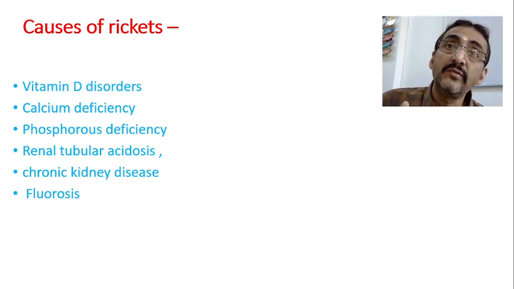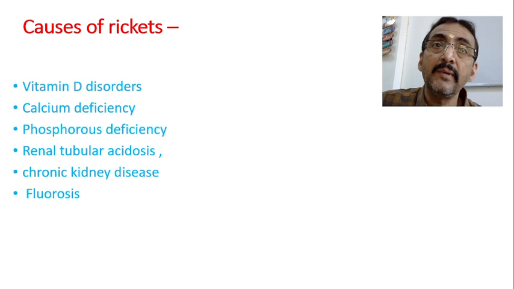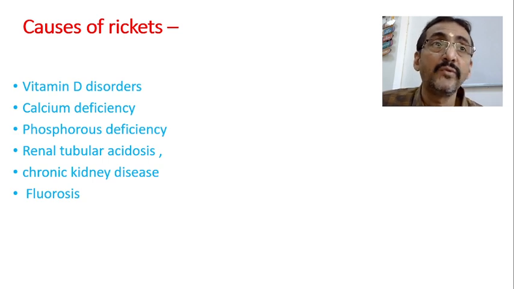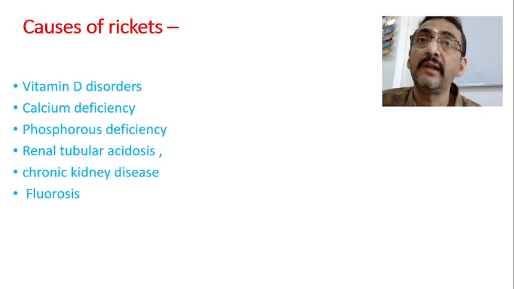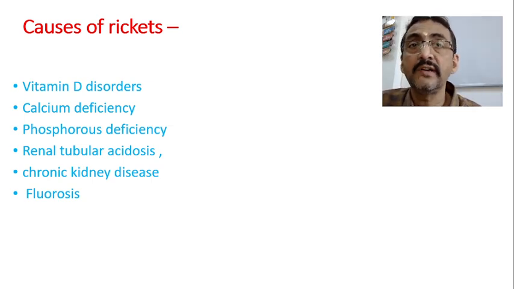But unfortunately, this storage form has to be converted into the active form, which is only possible in the kidney with the help of the 1 alpha hydroxylase enzyme. Suppose this enzyme is absent, then the whole story goes in a different direction, and we call the rickets that occurs because of such a condition refractory rickets.